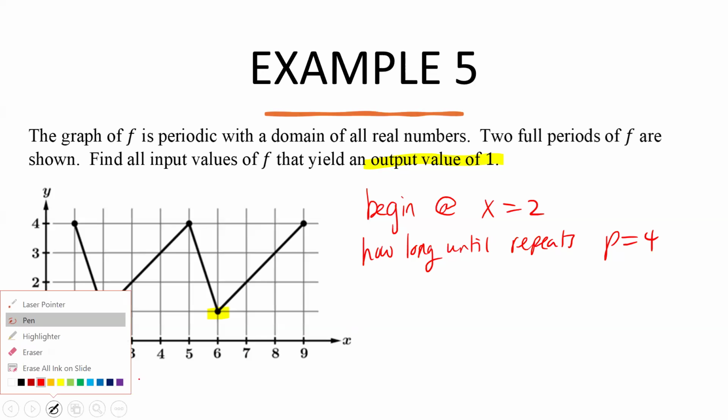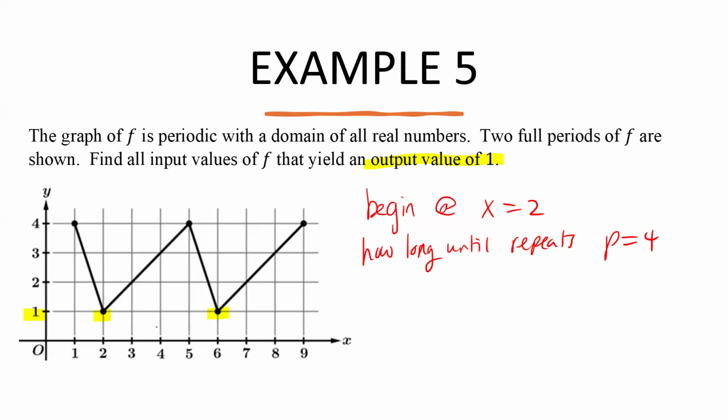Once you have these two things, you now can make a statement of when this happens. So the period is 4, and we will get an output when x equals 2 plus 4k, and k is an integer. Does that make sense?